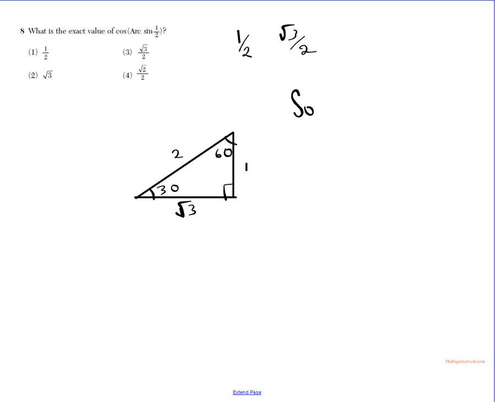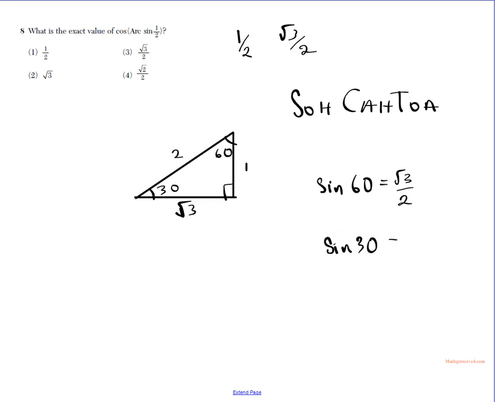From SOH CAH TOA, all right? Since arc sine is 1/2, sine of what would give me 1/2? If I pick 60, this would be my opposite, and this would be my hypotenuse. So basically, this triangle tells me that sine 60 is root 3 over 2. Is that what I want? No. How about sine 30? Sine 30 is opposite over hypotenuse, which is 1 over 2.